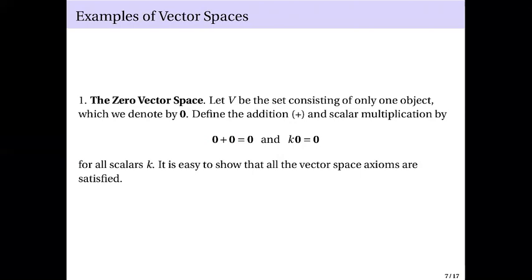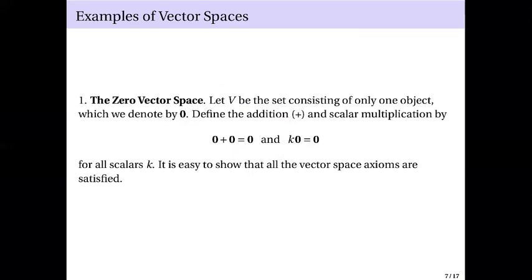So basically, these definitions here already give us the closure of the addition and also of the scalar multiplication. Because if you add two elements from the set V, you will get another element in the set V. But you only have one element in V, so you can only add that element with itself.